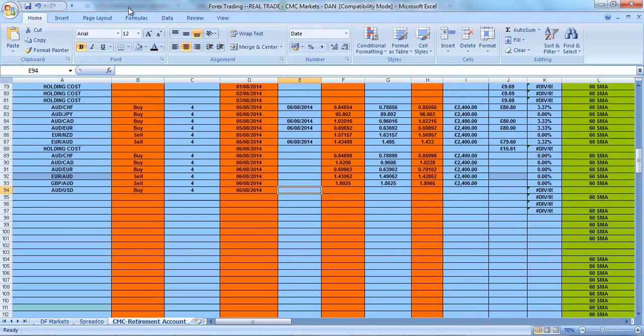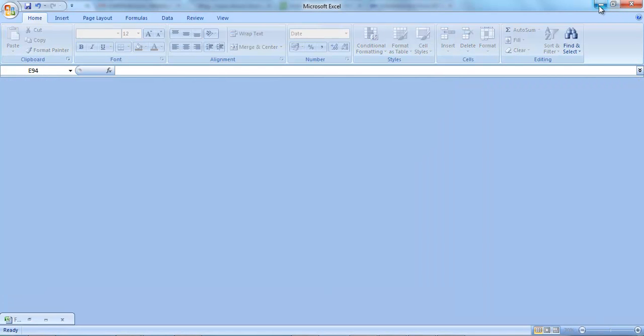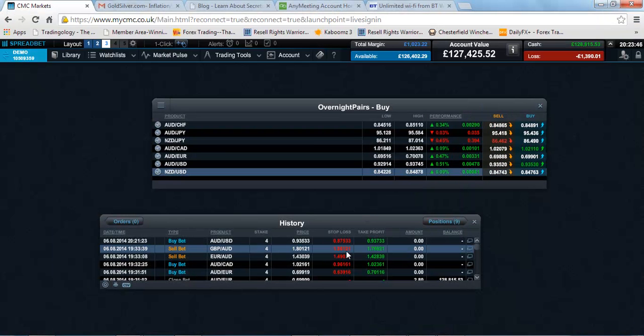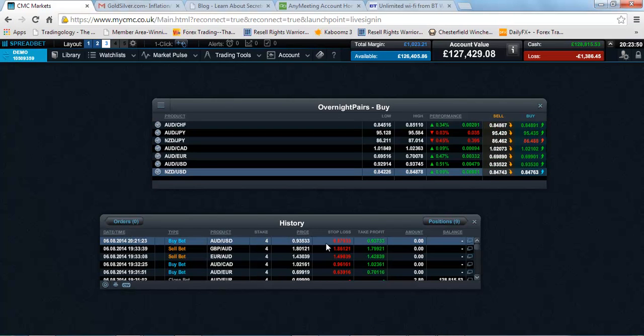So with the price, I'll go back again and in here I've got a notepad right now with me, so I just write the price down, which is 0.93533, and then the stop loss is 0.87533. Take profit is 0.93733.